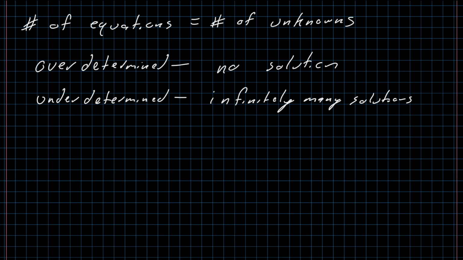It is impossible to satisfy this equation and that equation, or these two equations and those two equations at the same time. An underdetermined system is just the opposite. There's not enough information, and so you still have infinitely many different possible solutions. These are things that can and will come up.